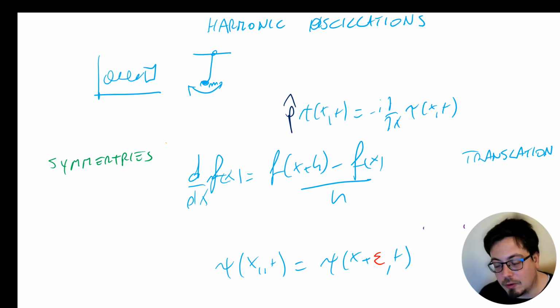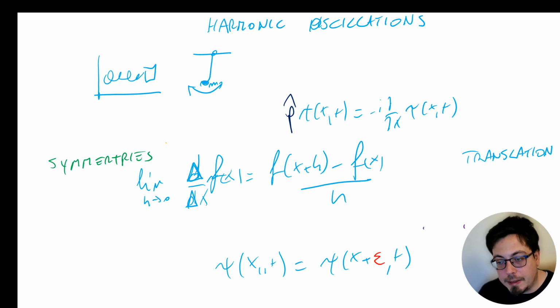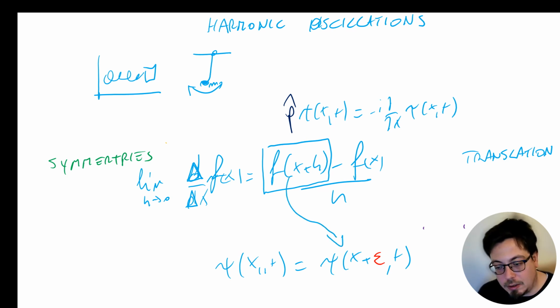If we think that h is not infinitesimal, we can say that this is true, and then we can take the limit of this expression for h that goes to 0. But now look here. This is very much like this guy here, right? f of x plus h.